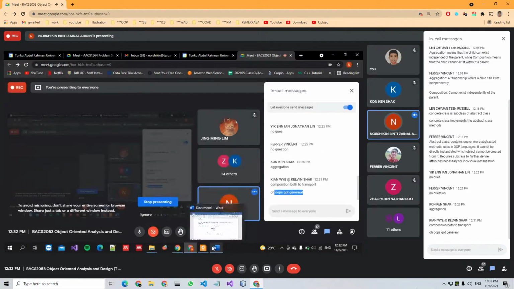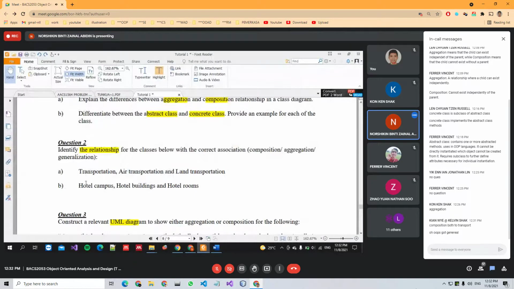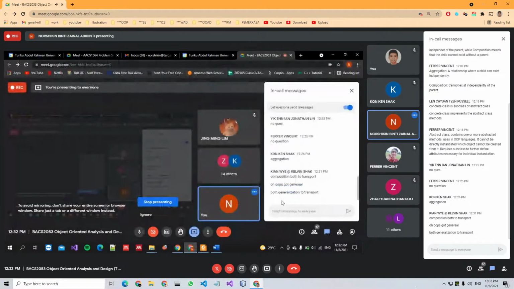Here, if we check the question, both generalization to transport. So composition both to transport. That means if I deleted the superclass, the child will be deleted too.